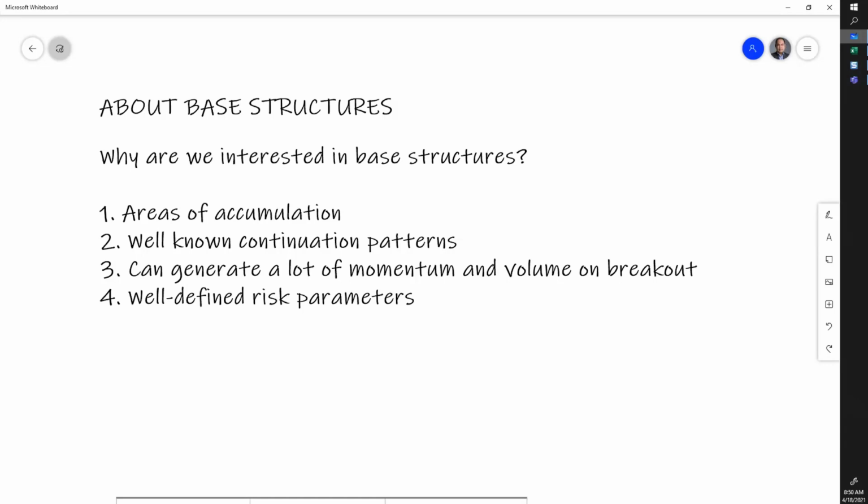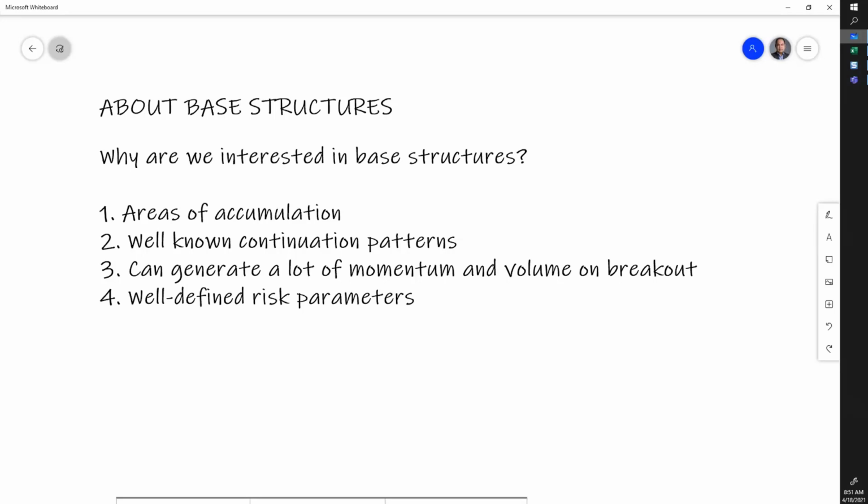Now, finally, we're also interested in base structures because it turns out that when you're able to define the parameters for whatever base structure we find, the way we're going to risk manage our positions when we take on the entries becomes easier, and the parameters are more well-defined.